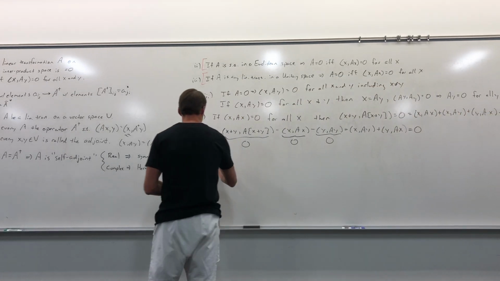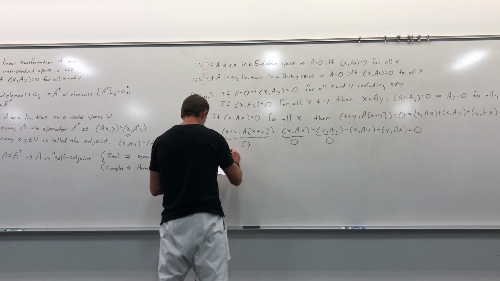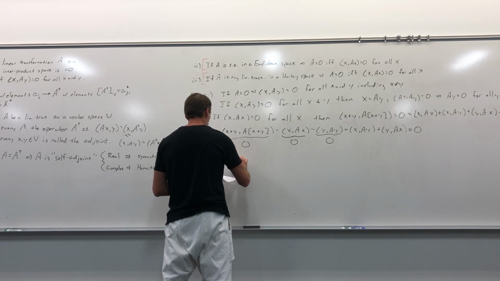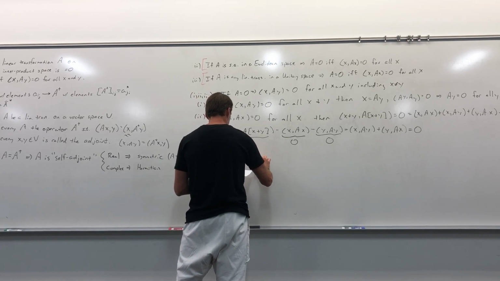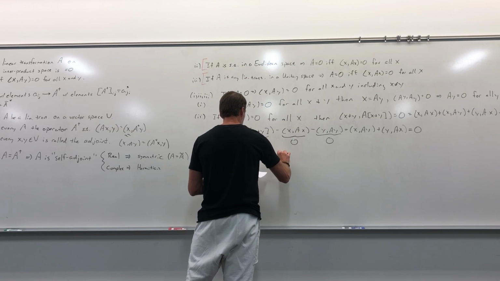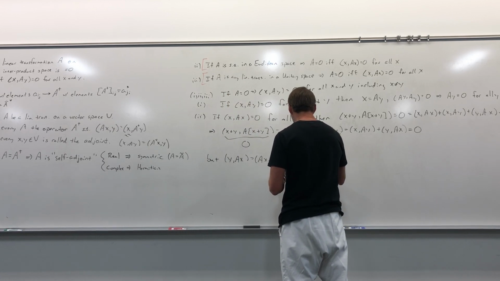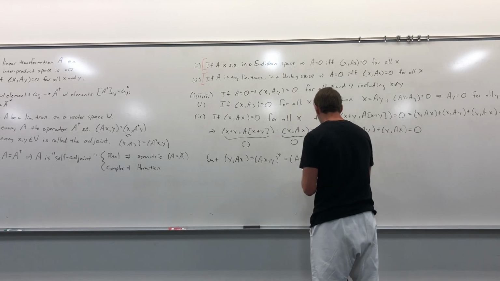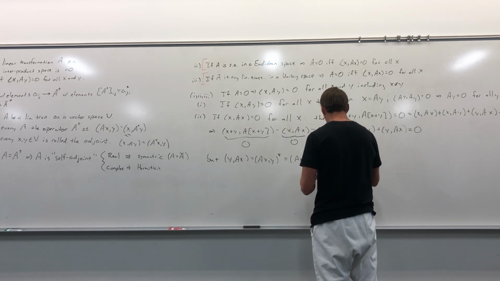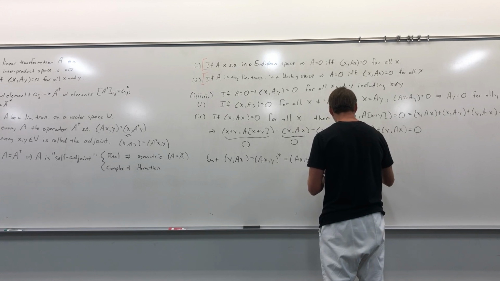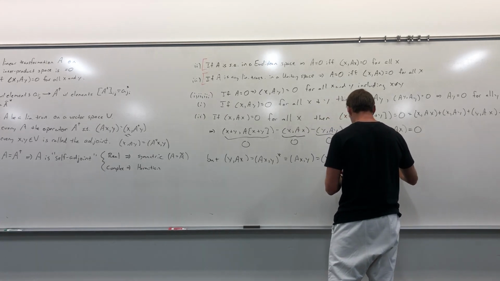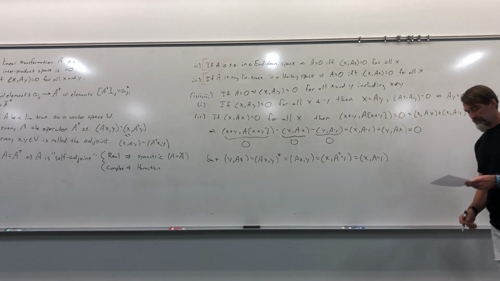But we have yAx is the complex conjugate of AxY, which is Axy, which is x A dagger y, which is xAy.